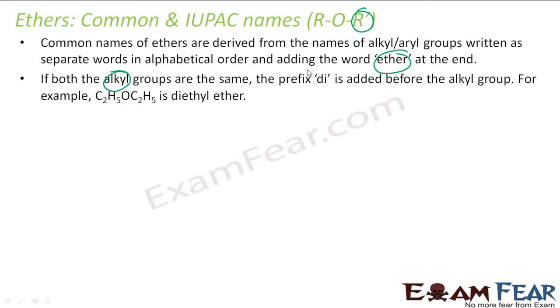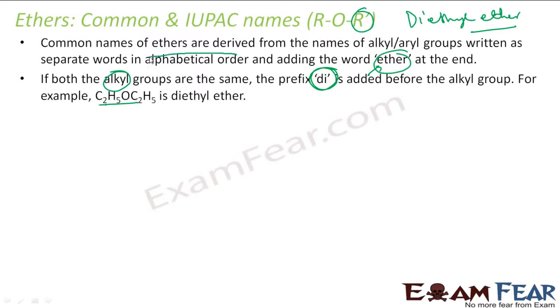If both the alkyl groups or aryl groups are the same, we use the word di. For example, in this case they are all ethyl groups, so we say diethyl ether, because both are the same, ethyl, and we add the word ether at the end.